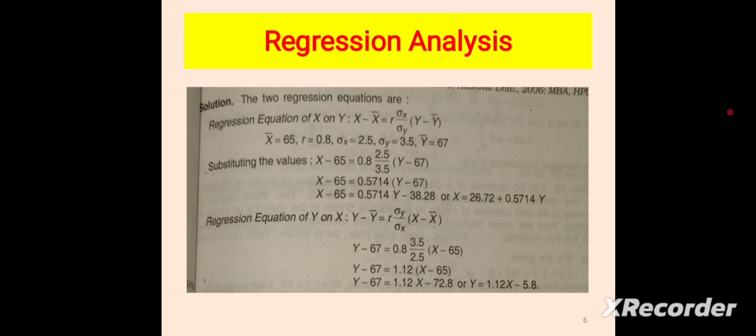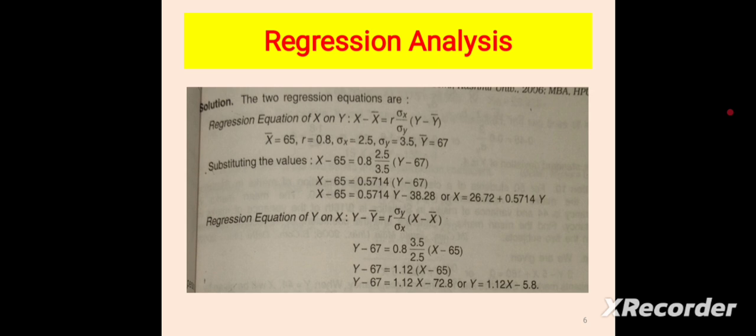Sigma x is the standard deviation of x, 2.5. Sigma y is the standard deviation of y, 3.5. Mean of y, y bar, is equal to 67. So substituting the values, x minus 65 is equal to 0.8 into 2.5 by 3.5 into y minus 67. So x minus 65 is equal to 0.8 into 2.5 by 3.5, which is 0.5714, into y minus 67.